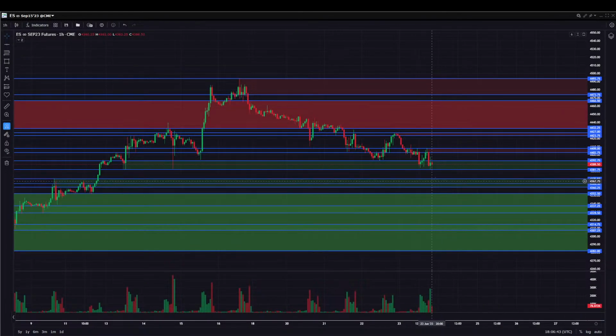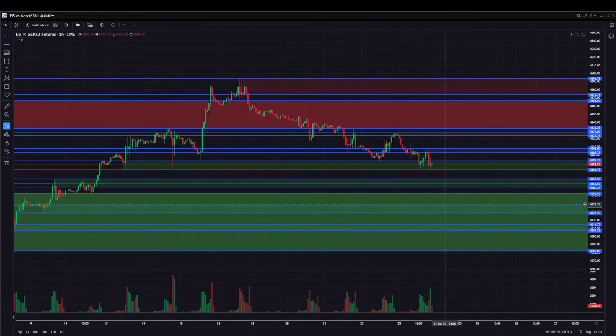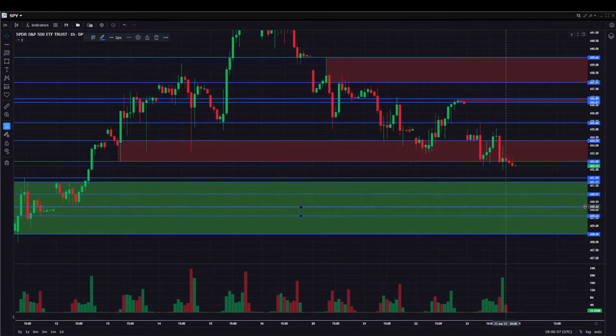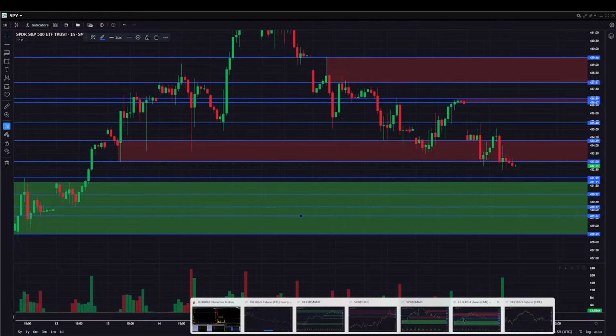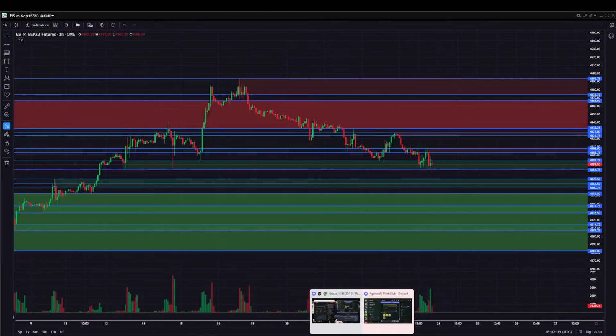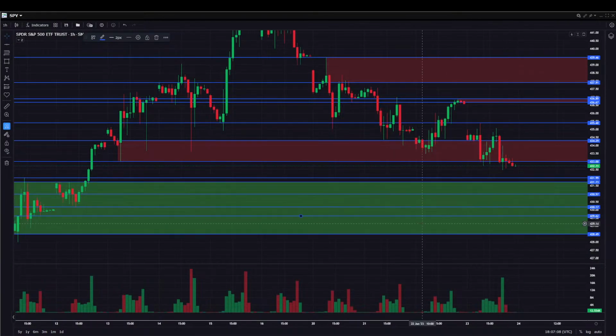Yeah, it should be around the same areas here. But you see how my ES daily level is lower than where my SPY's daily level is? That's what I mean about we could trend further down. Have your confluences. If ES does break here, it means that SPY can trend further down.